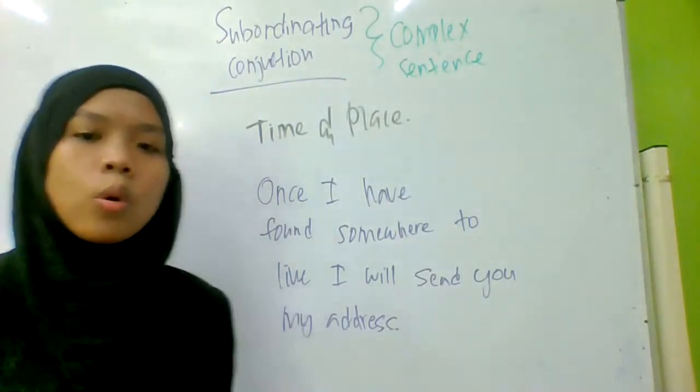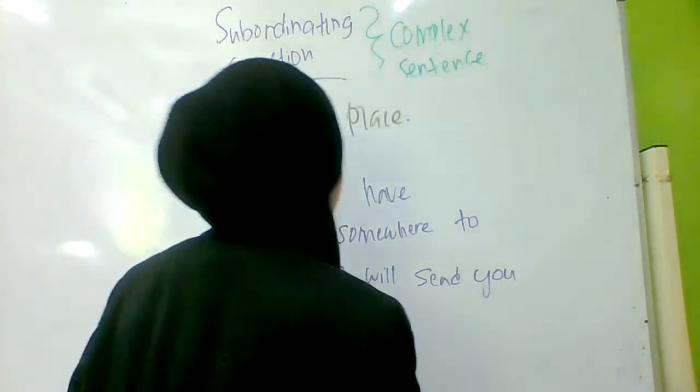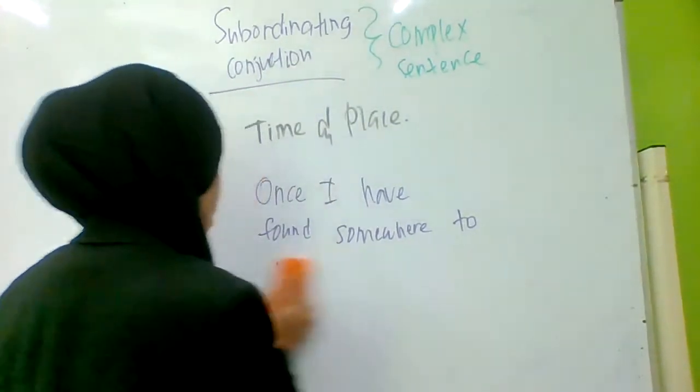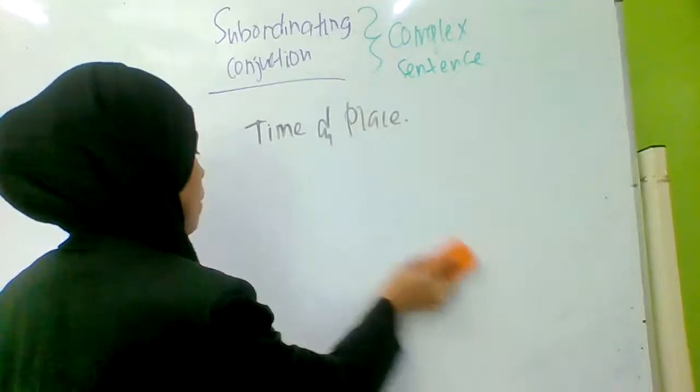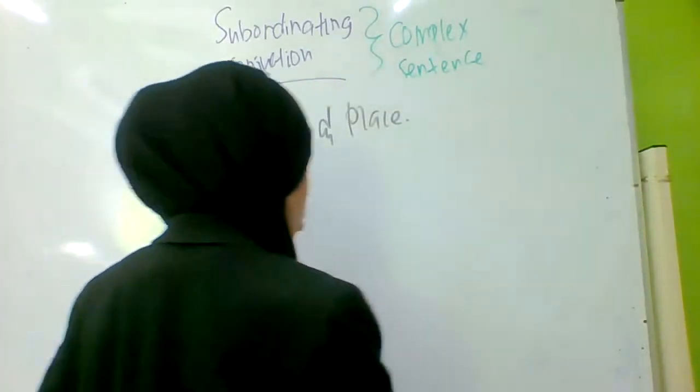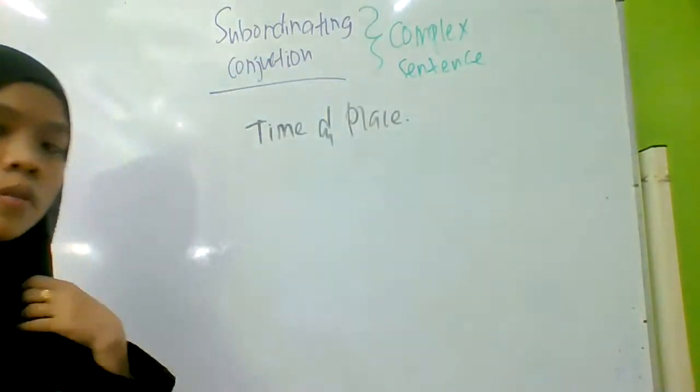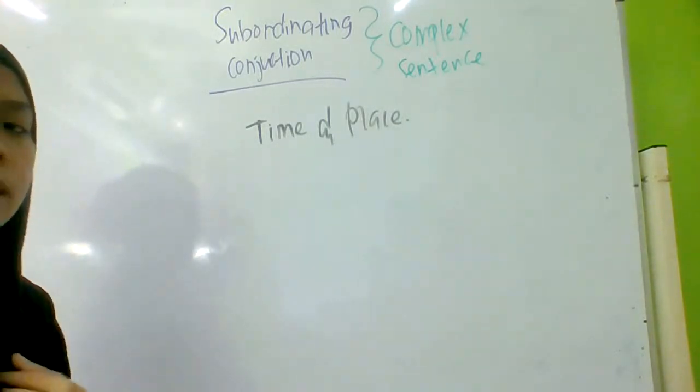We also can use so that. You can build one sentence by using so that. So and so that are totally different, but if so, we use it as a subordinating conjunction.